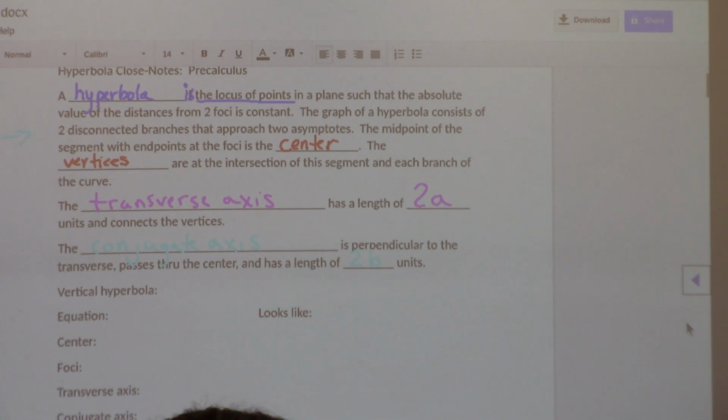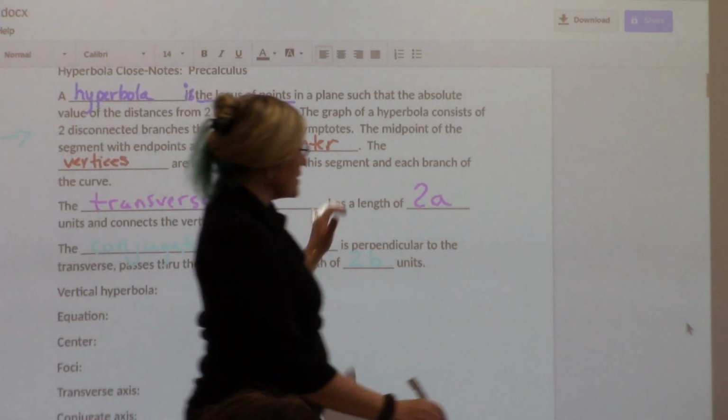Let's look. Yes. This distance from here to here is exactly the same as the distance from the center to the foci. So that distance from the center to the foci, c, is also the same as from the corner of this box. It's across the diagonal corner of this box. It's kind of cool if you think about it. It just works out nicely that way.